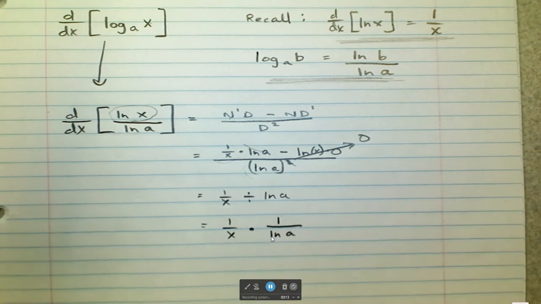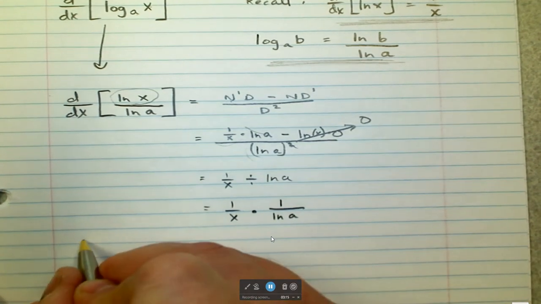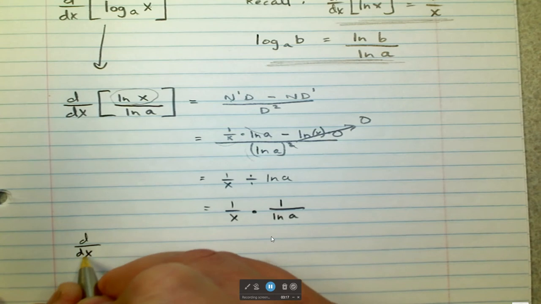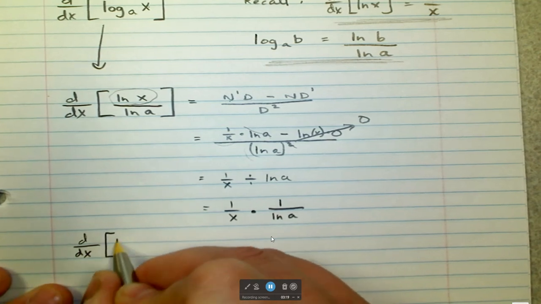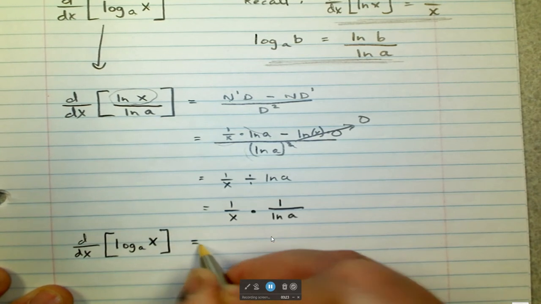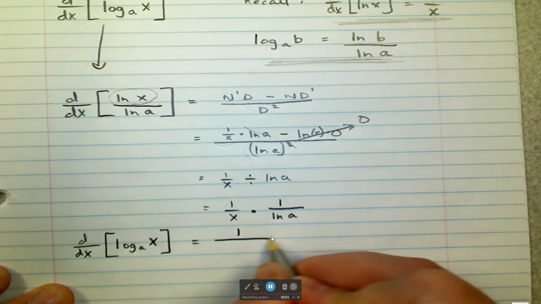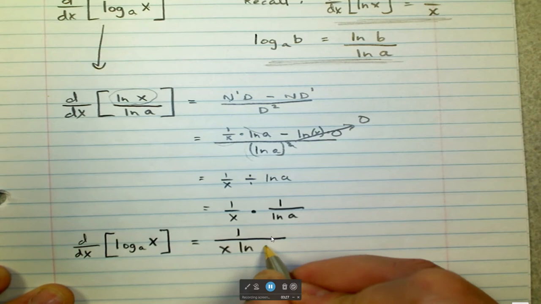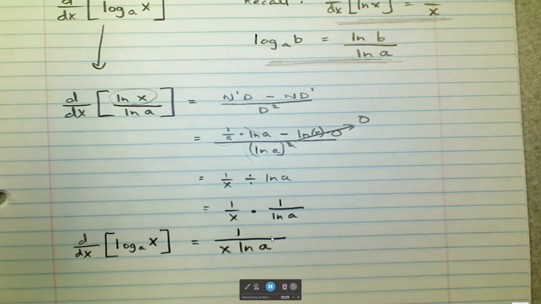Keep, change, flip. So what do we get? The derivative of any logarithm, log a of x, is equal to 1 over x ln a.